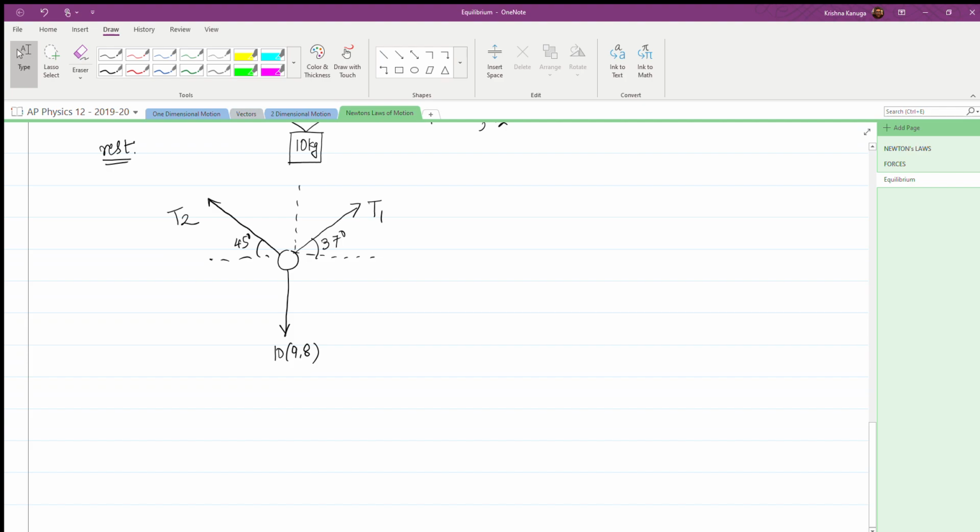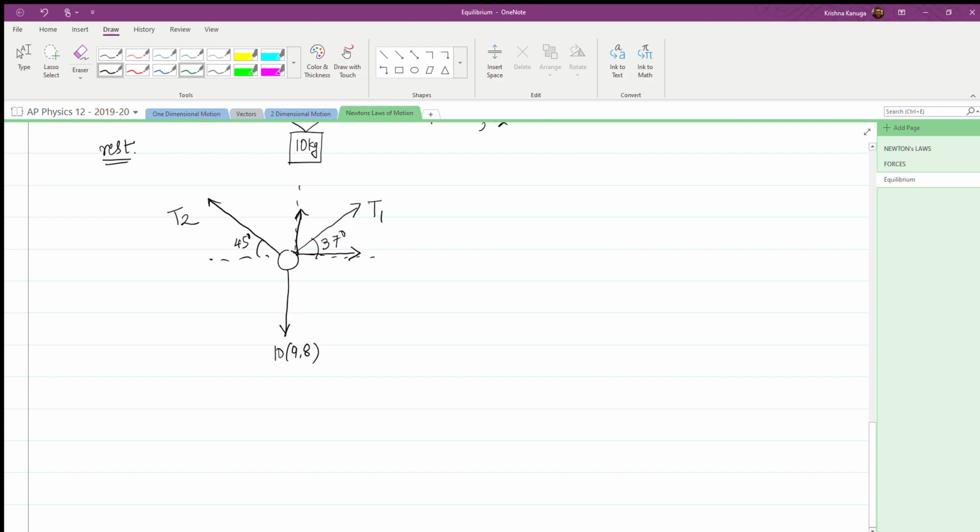The first thing we'll do is draw the components for each of the forces. If you look at T1, the component of T1 along the x direction would be a vector pointing here. The component of T1 along the y direction would be a vector pointing in this direction.